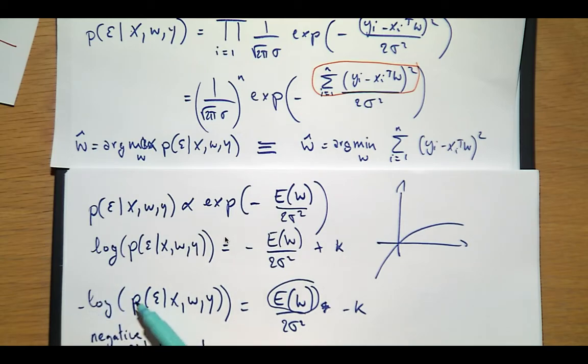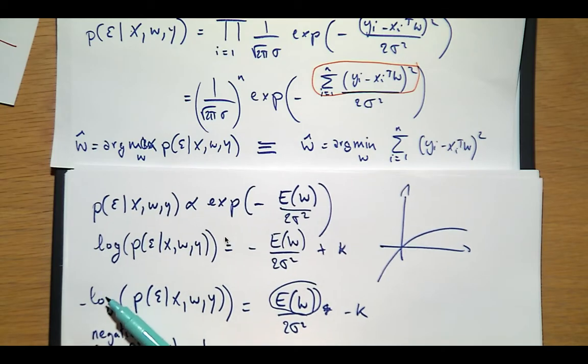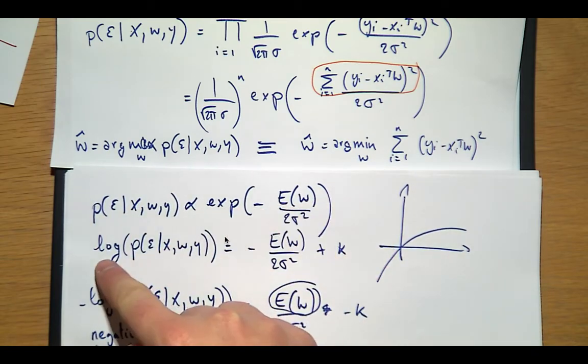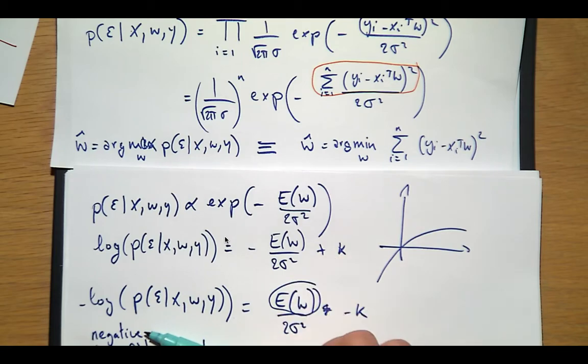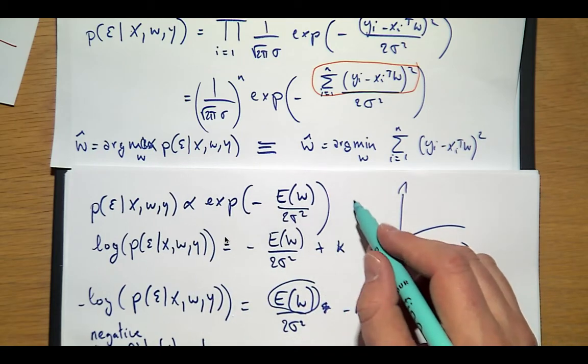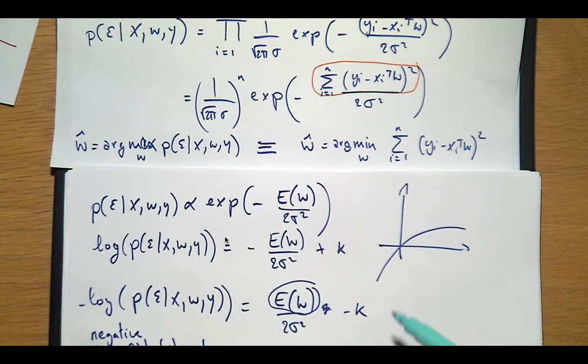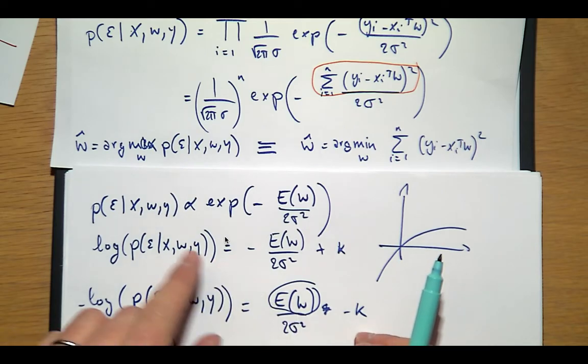And because the logarithm is monotonic, that doesn't change the order, so the maximum of this is still the maximum of this, okay? So that doesn't change what the maximum is. And we apply the negative, so now the maximum becomes the minimum. So the minimum of this guy corresponds to the maximum of that guy.